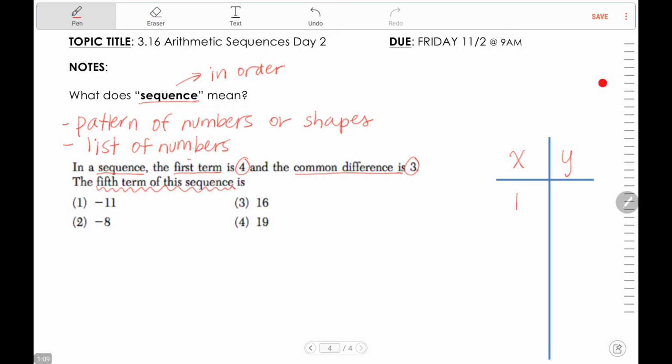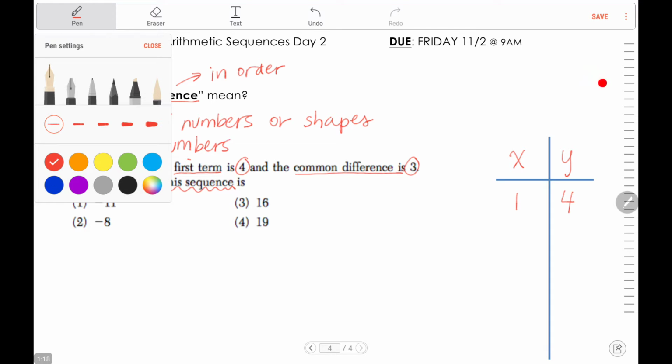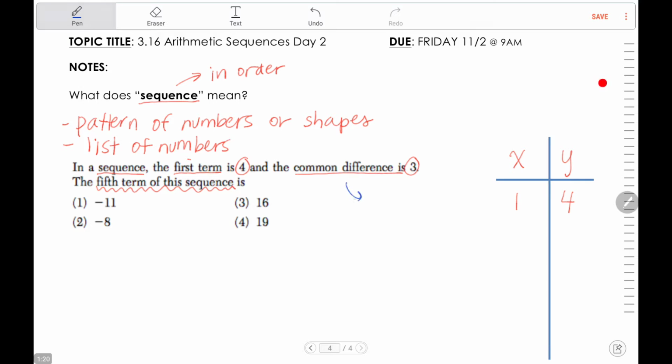So figure 1 is going to have 4 blocks, or my first term is 4. And the common difference is 3. If we think back to yesterday, we actually saw this term. This means that we are adding by 3 every time.